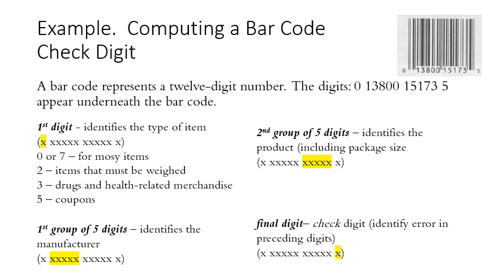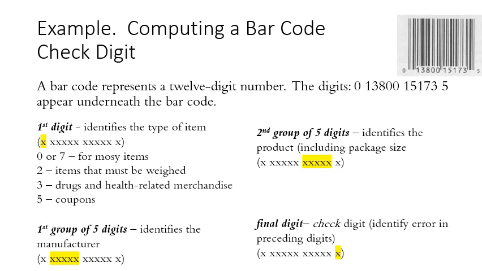The first group of digits, in our example 13800, identifies the manufacturer. The second group of 5 digits, or 15173 in our example, identifies the product, including the package size.